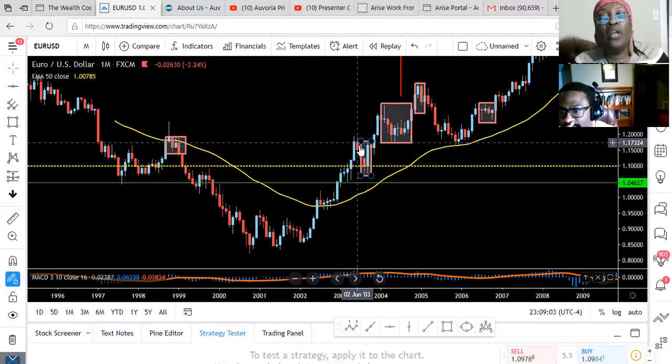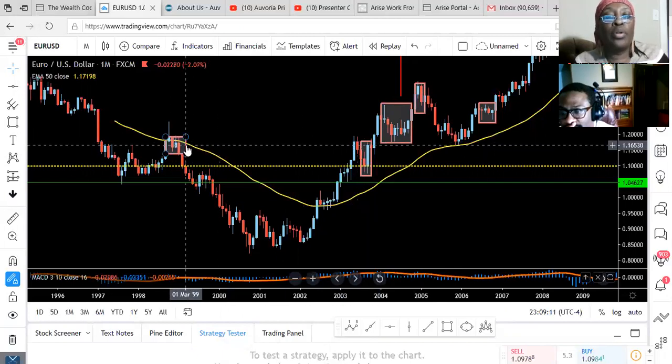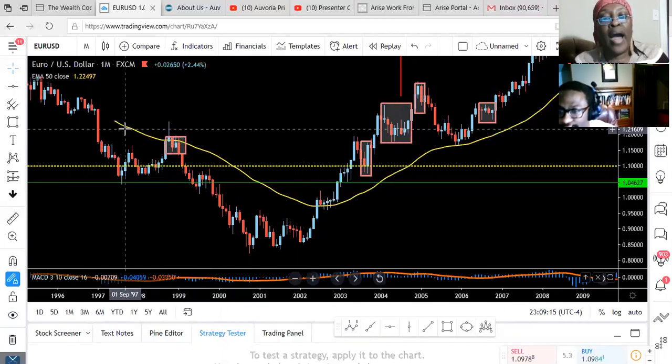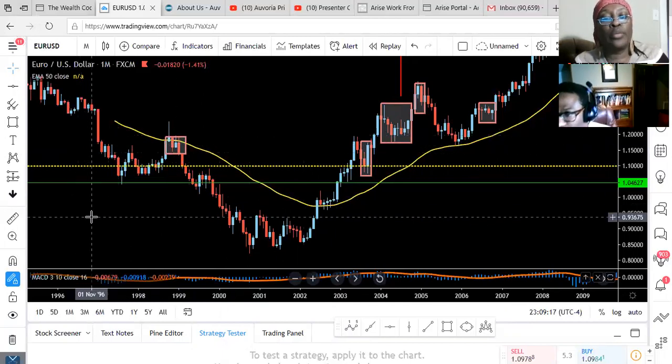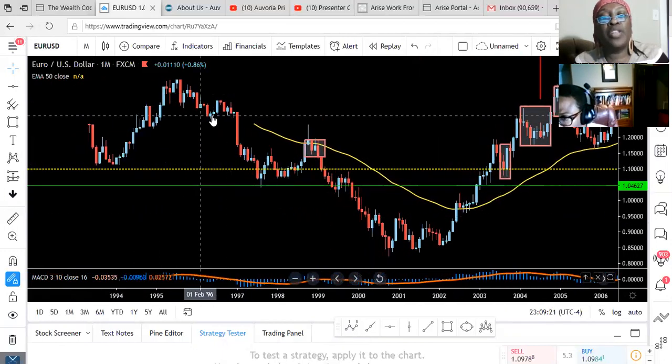Now, when I look at the close of this bullish engulfing candle, it's pretty much in the middle of the consolidation area. So I would look a little further out to the next one. So now I'm up in this area.